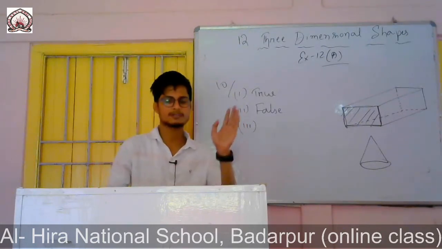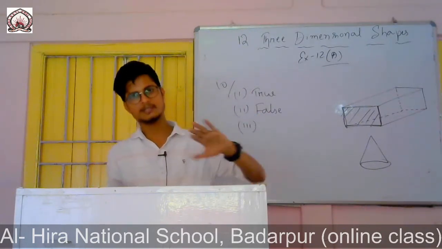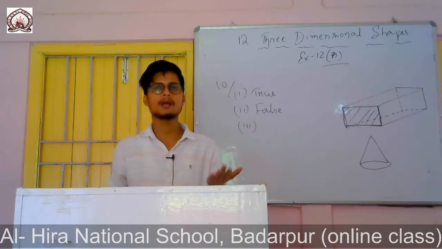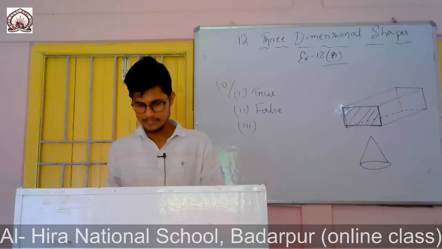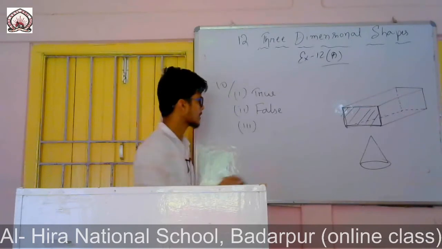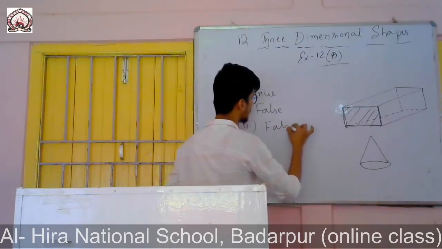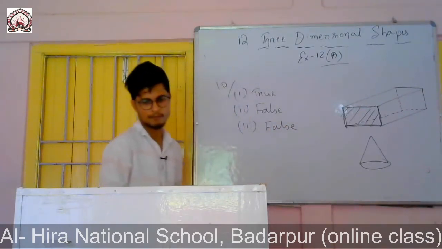This one again is wrong. We have discussed this earlier also, that a triangular pyramid has 6 edges. So this answer will also be false. Here written 8 edges, that means it is false.